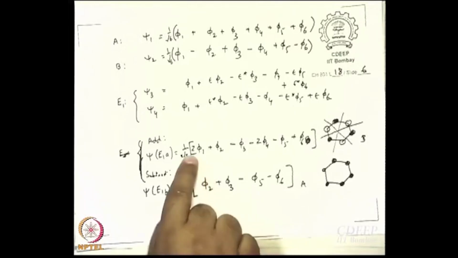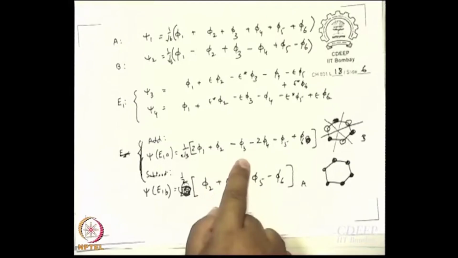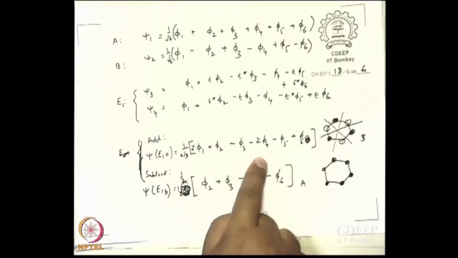So, what do I get? 4 plus 1 plus 1 plus 2 plus 4, sorry, plus 1 plus 1. What is that? 12, right. So, then it becomes 1 by square root of 12. So, 4 in any case you can get square root. So, 2 comes out and you are left with 1 by 2 root 3. The answer given in the book is 1 by root 12, but 1 by 2 root 3 is fine.